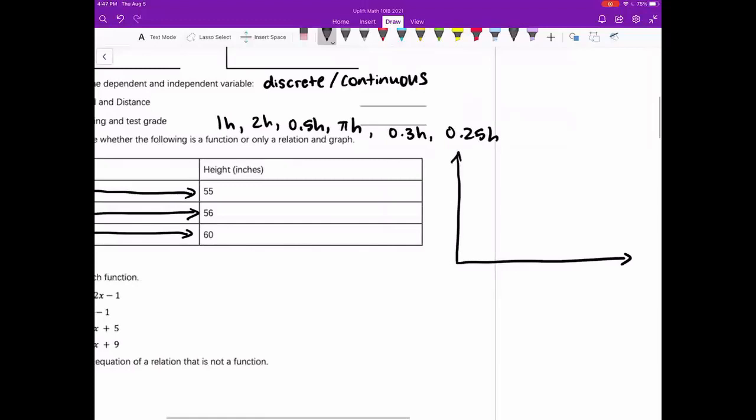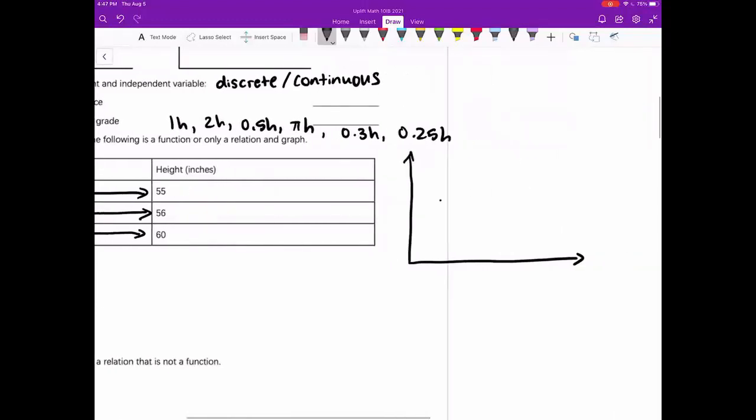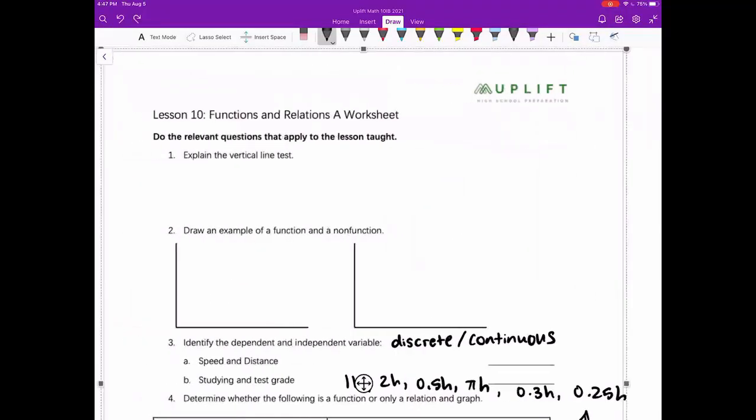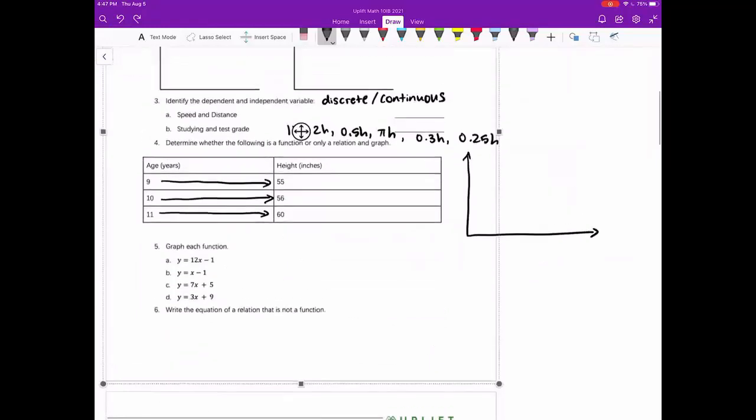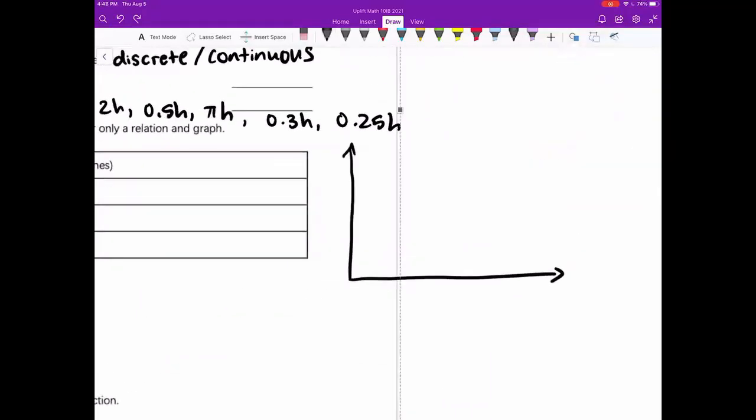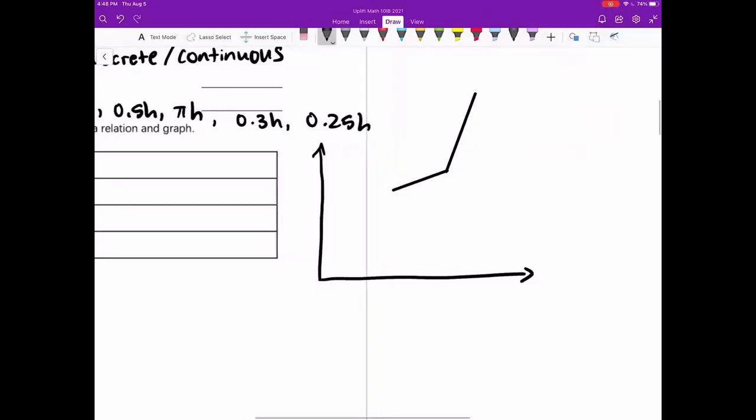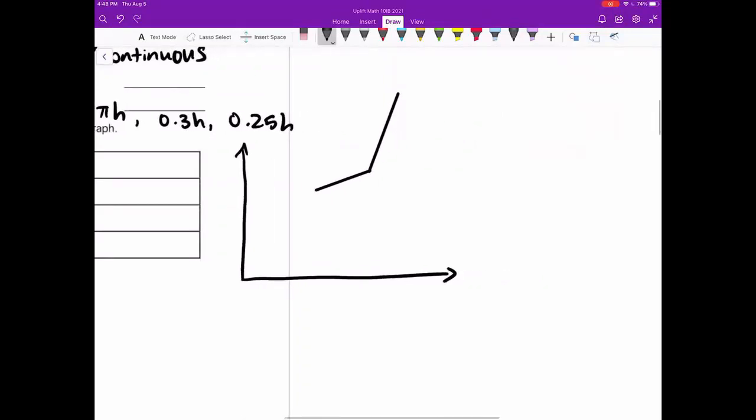So for this case, the function looks something like this. There is one line that looks like this, and then another line that quickly jumps up. You said how there is no formula for this, but there is actually a formula for this, and it's called a piecewise function.